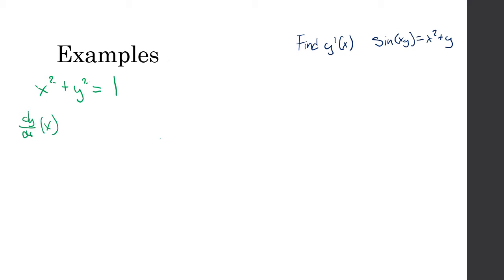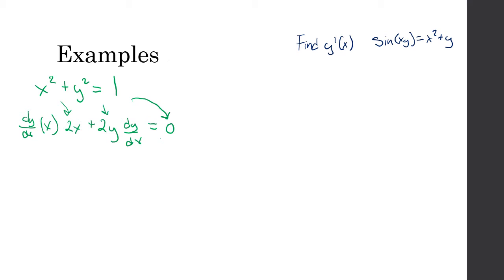We take x squared, the derivative of that is 2x. Now for the derivative of y squared, we get 2y, and then we add on dy dx. And then next we have the derivative of a constant, which is 0.